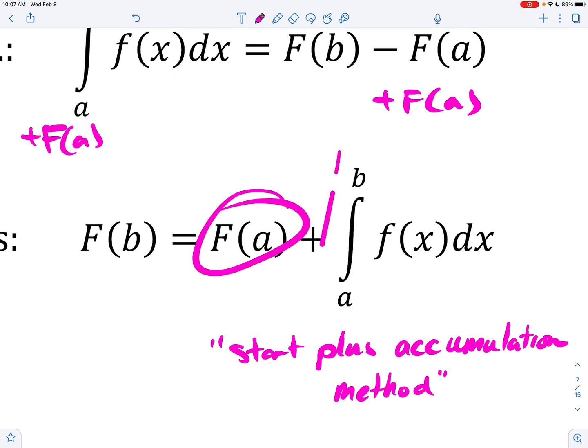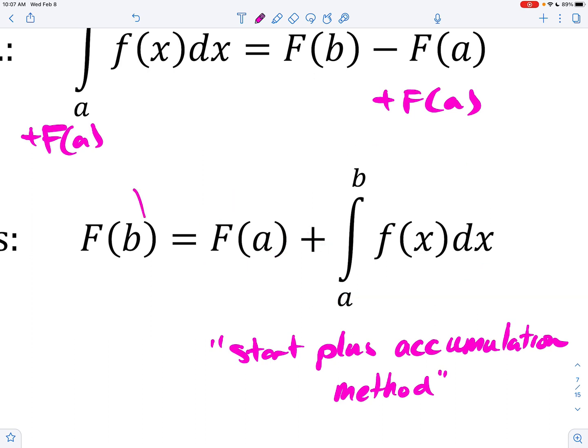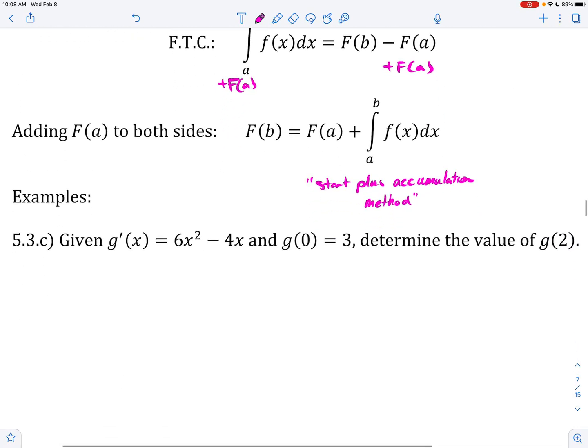Because you take your starting value, you figure out how much area you added, and then that gets you your end zone. That's why it's called the start plus accumulation method. You take your start, you add the amount you accumulate with that added area, and it's a method because that's a way of proceeding. So we've got a couple examples of doing that.